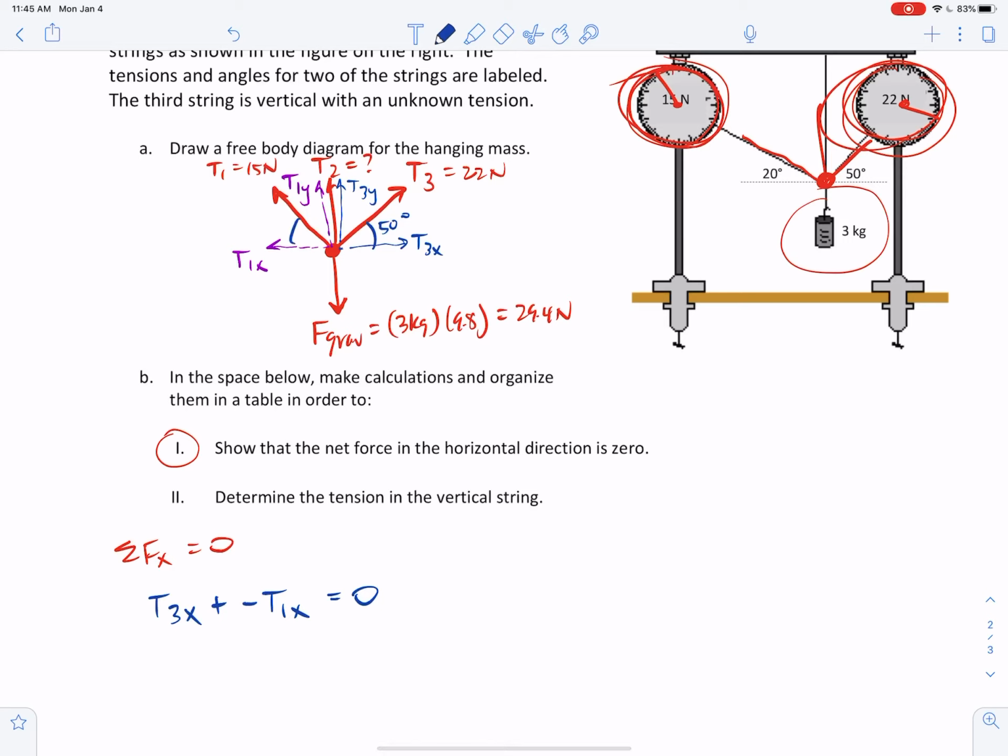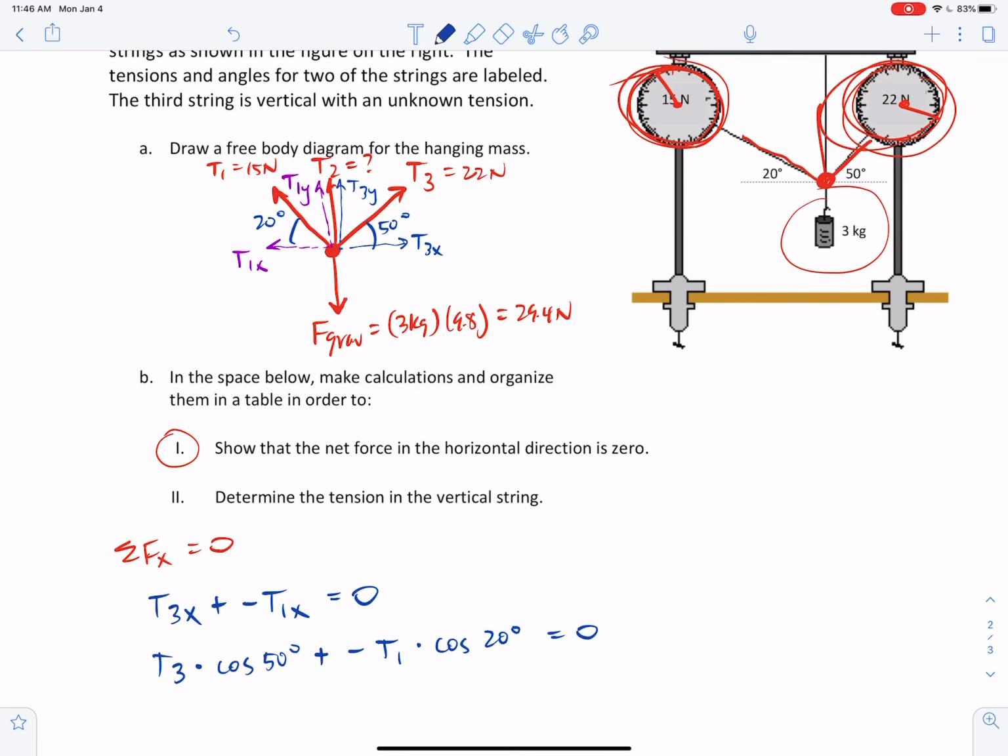T1x is related to a 20-degree angle. T3x is T3 times the cosine of 50 degrees. And T1x is T1 times the cosine of 20 degrees. Setting that equal to 0.